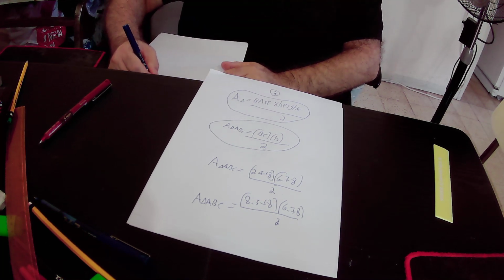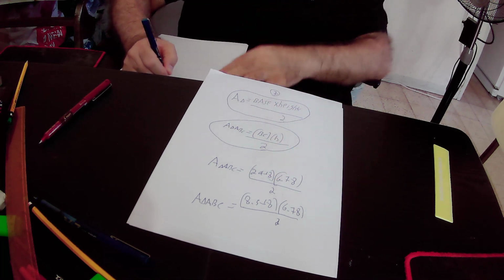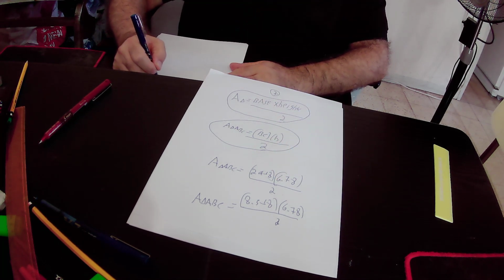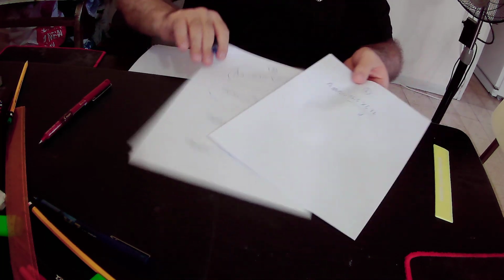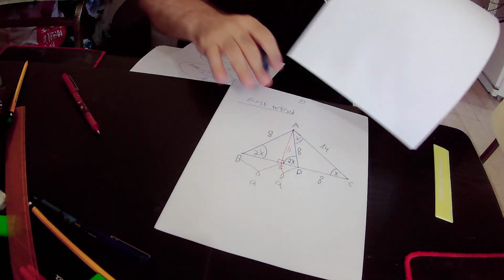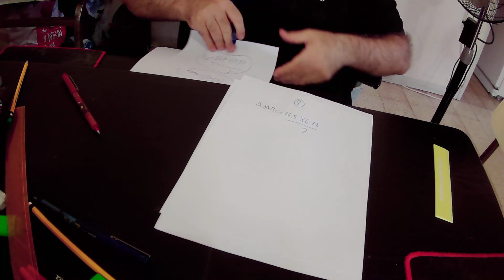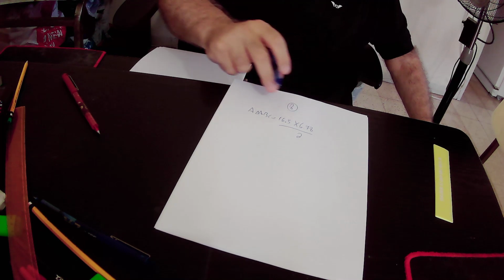So the area of triangle ABC equals 16.5 times 6.78 over 2. Okay. The area of this triangle ABC equals 16.5 times 6.78 over 2.